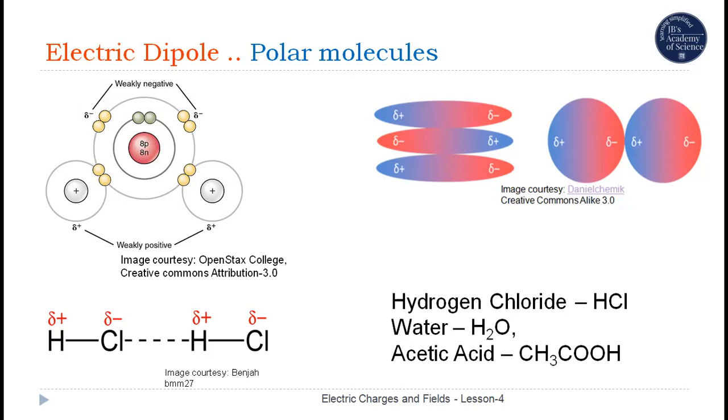So it will act as a polar molecule. A lot of materials exhibit polar nature without an external electric field. For example, hydrogen chloride, water, acetic acid, and ammonia gas are some examples of polar molecules.